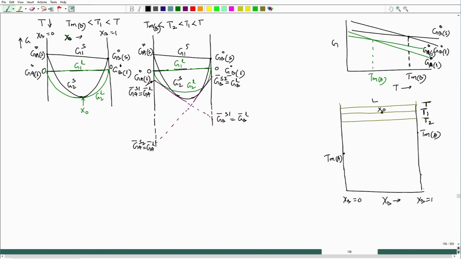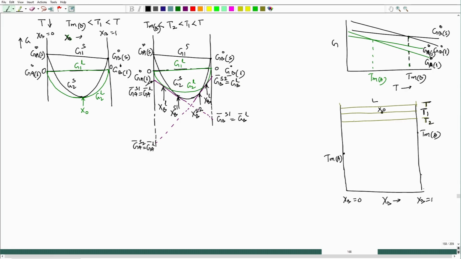So, that means equilibrium as per the chemical potential is set, and those compositions are XB of liquid, and this one is composition of XB solid 1. This composition would be XBS2 and this one would be XB liquid. Okay. So, at T2 we can put those compositions accordingly.